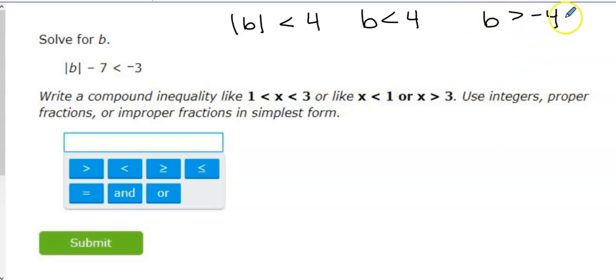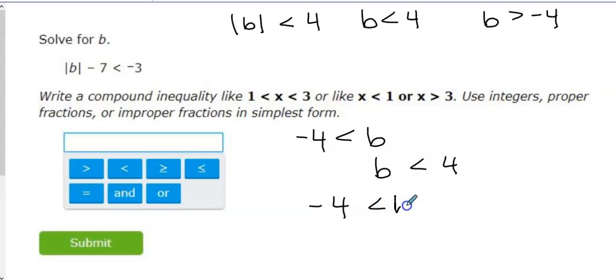So if I turn this part around, -4, and this is less than because it points toward the -4, less than b, and then I wrote this one, b is less than 4, then I could combine them and just put the b in the middle. -4 is less than b is less than 4. And they work because negative 4 is to the left of 4 on the number line. So that's what they want to see there. Negative 4 is less than b is less than 4.